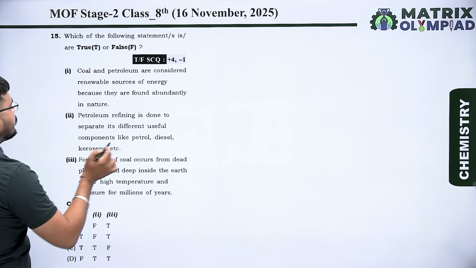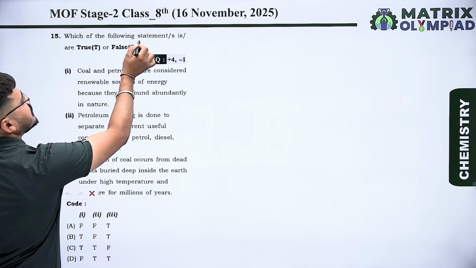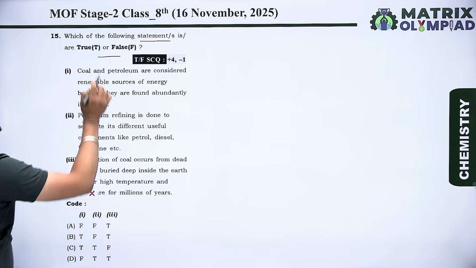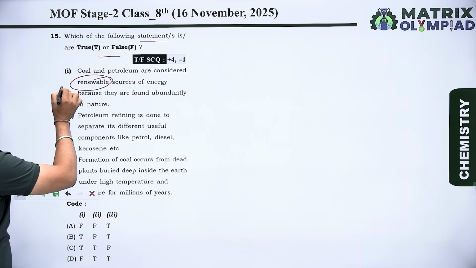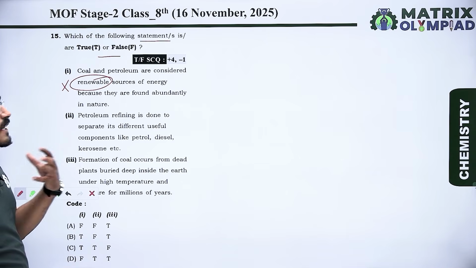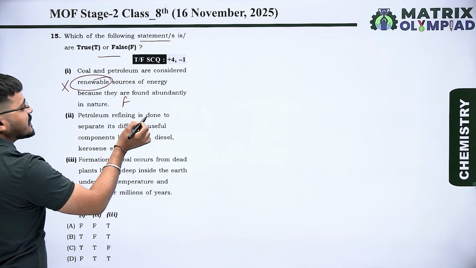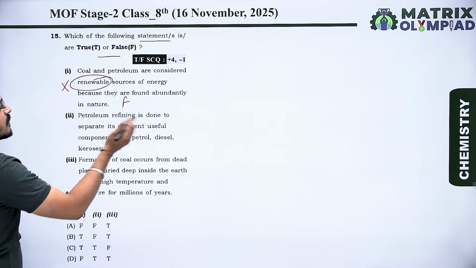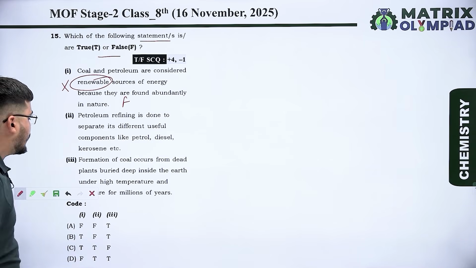Question number 15 is a true-false statement based question. Which of the following statements is true or false? Coal and petroleum are considered as renewable. No, coal and petroleum are not renewable, so it is false. Petroleum refining is done to separate its different useful components like petrol, diesel and kerosene.